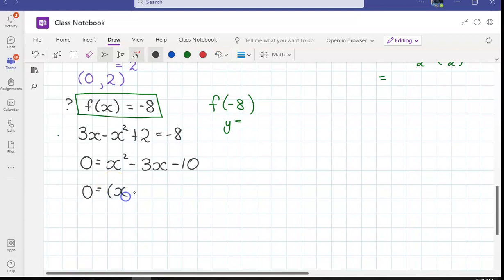Yep. So we go x, we go x. 5 times 2 has a difference of 3, and of course, minus and plus. You won't leave it like that because they're actually asking you to find x. So you would then say, huzzah, x equals 5, x equals minus 2.